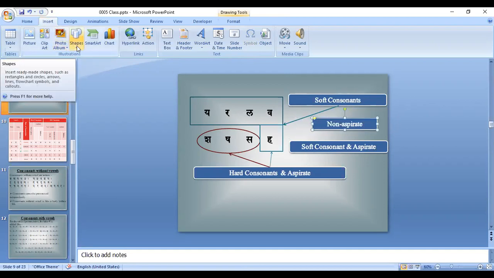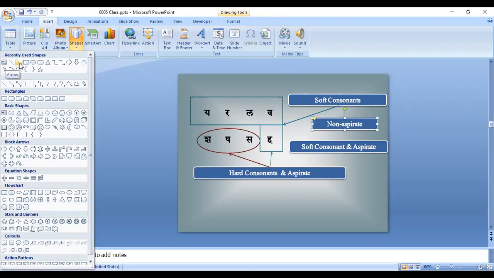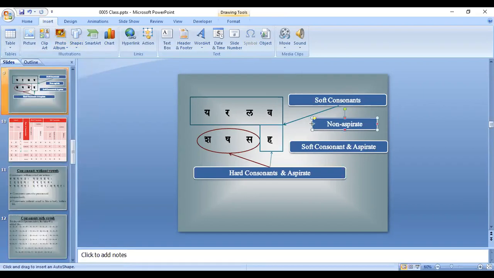Now you can see the corrections on the screen. Is it clear now? The screen I corrected.